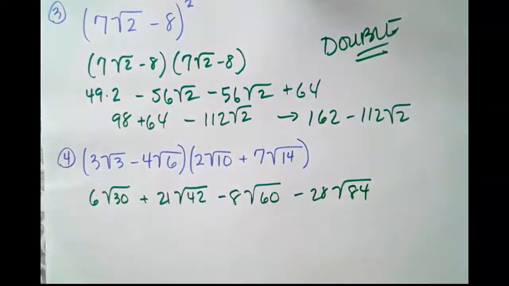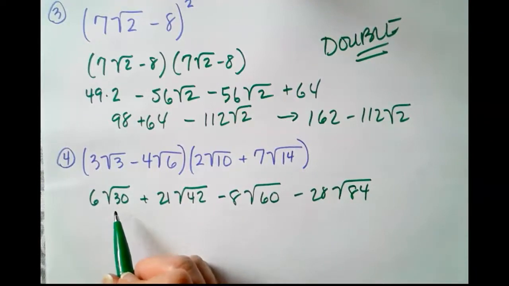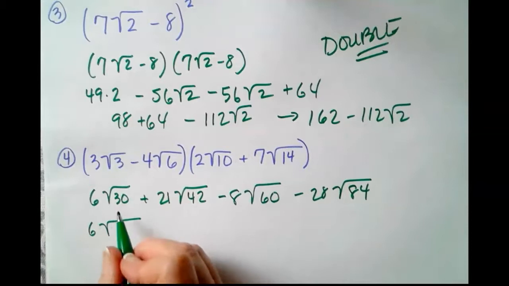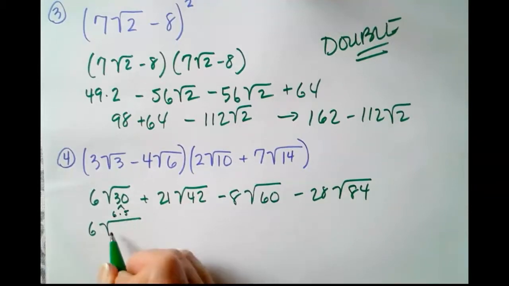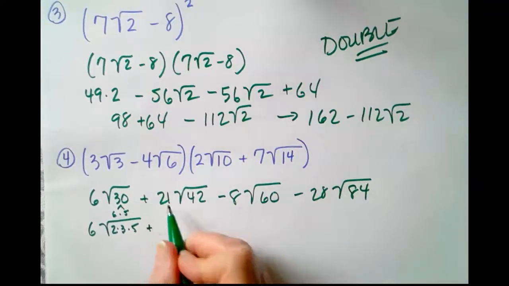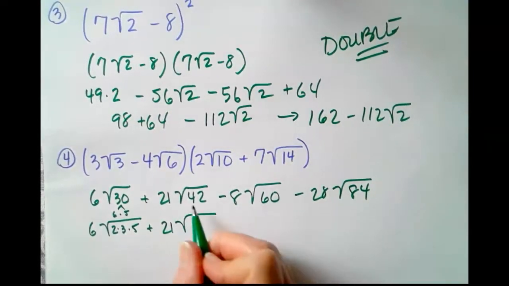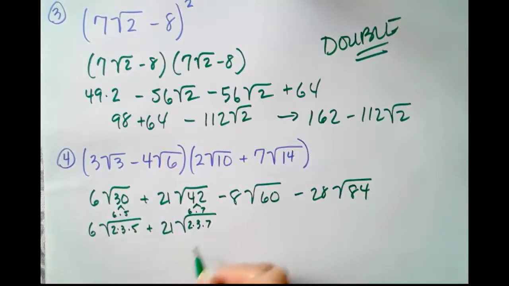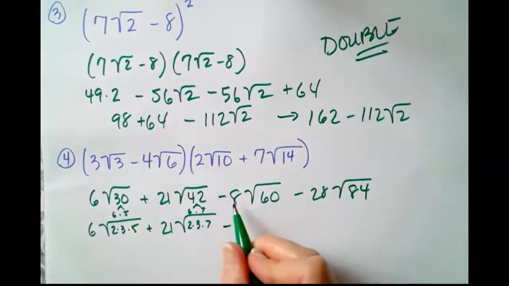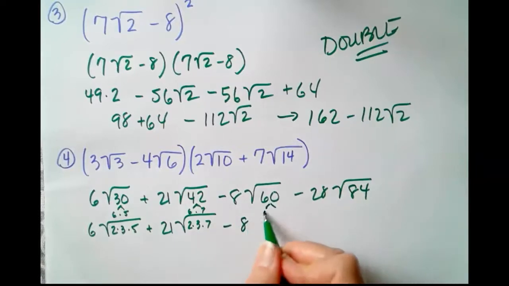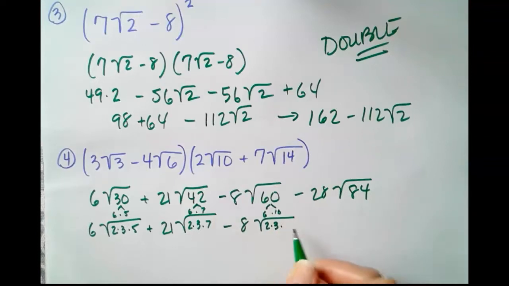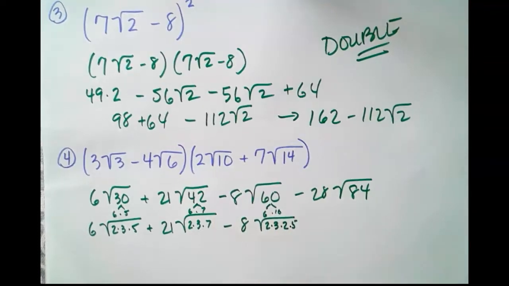Now, we need to simplify these radicals. 30, think about its prime power factorization. That would be 6 times 5, so that would be 2 times 3 times 5. Nothing's coming out. 21 square root 42. 42 is 6 times 7, so 2 times 3 times 7. Nothing's coming out. 60. 60 is 6 times 10, so that's 2 times 3 times 2 times 5.